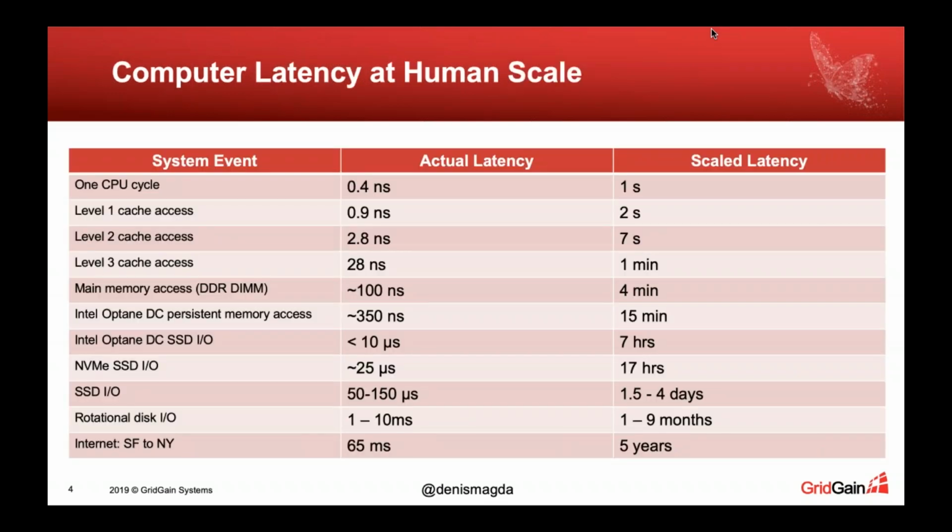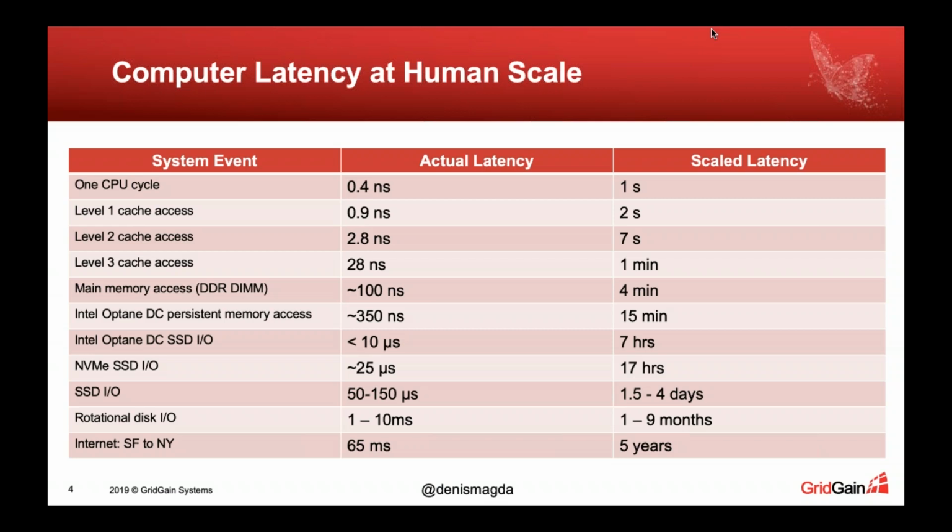If we check this table, and that table I think was pretty famous a year or so ago, it shows how actual latency of CPU cycles, so level 1 cache access, can be translated to a more apprehensible latency at human scale.